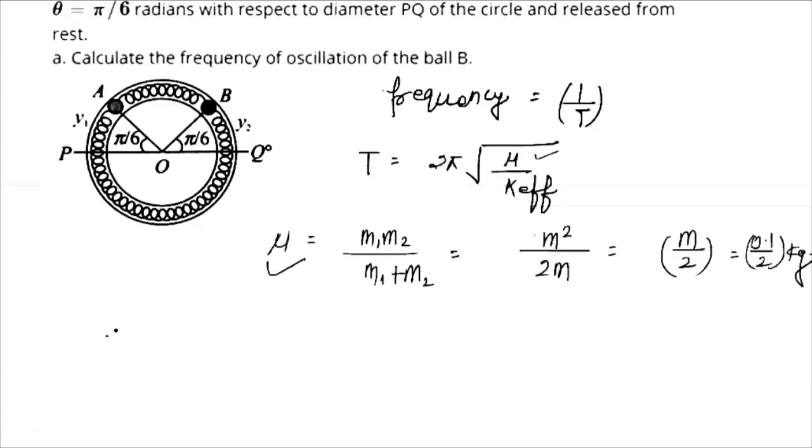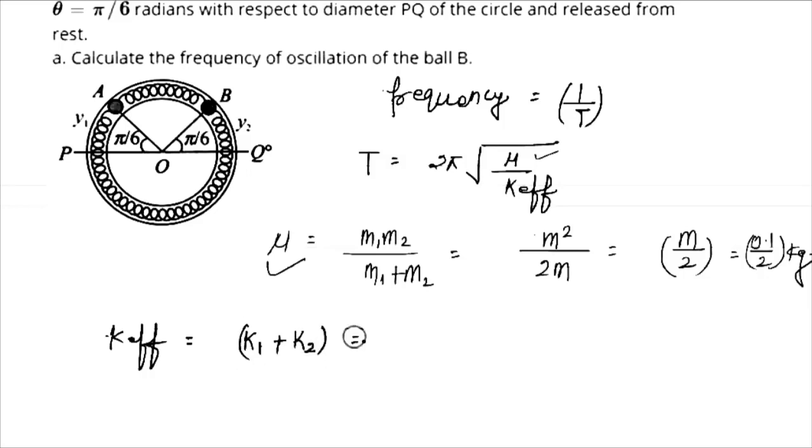And the second quantity is k effective, because we know that both springs are connected in series. Then k effective is equal to k1 plus k2.